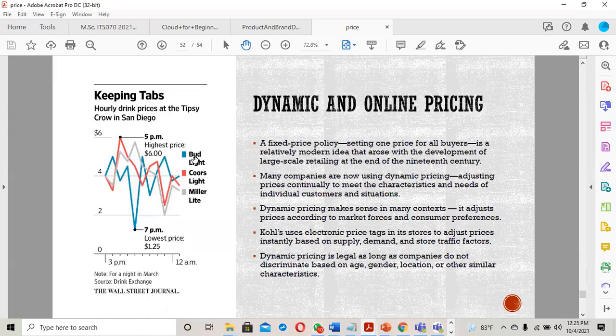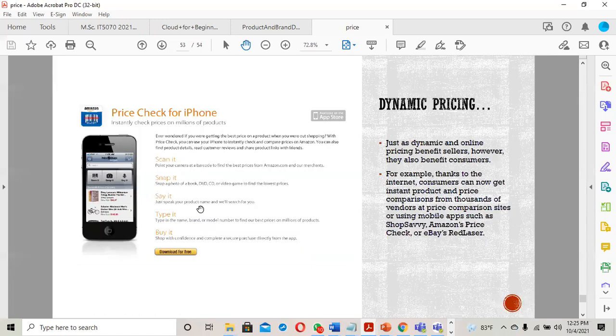Now this is for beer, different types of beer: Bud Light, Coors Light, and Miller Light. This shows how the prices of beer fluctuate. The price is lowest at 7 p.m. The highest price, for this product, Coors Light, is at 5 p.m. Okay, dynamic price.